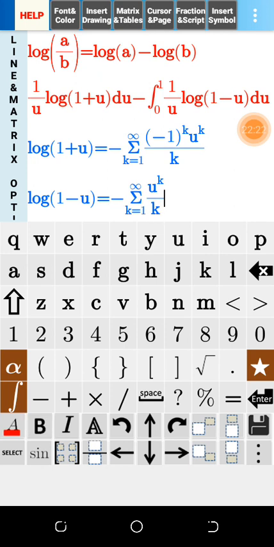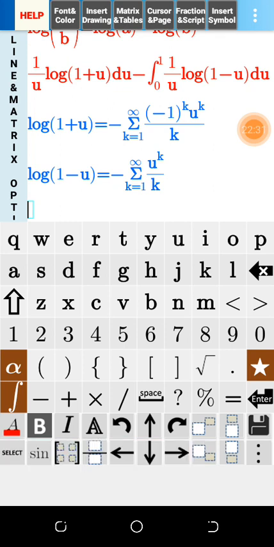So we are going to replace log(1 plus u) by the first one and log(1 minus u) by the second one.